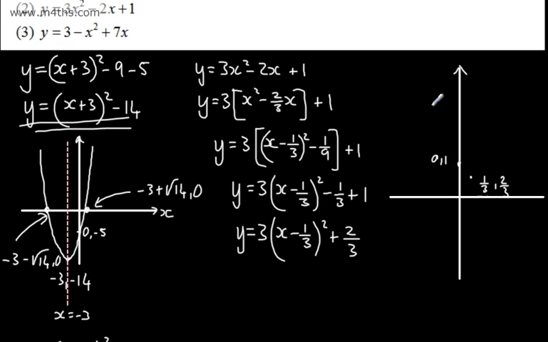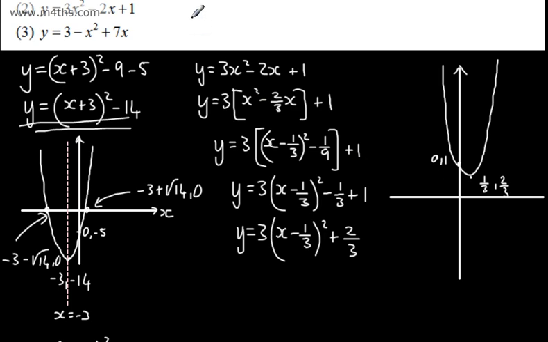It's going to open upwards as it's positive, and it will also have a scale factor stretch of 3. So this is going to be tighter to the y-axis than our standard y is equal to x squared parabola. And it'll look something like so. So that is a rough sketch. We can see that there are going to be no points of intersection with the coordinate axis.